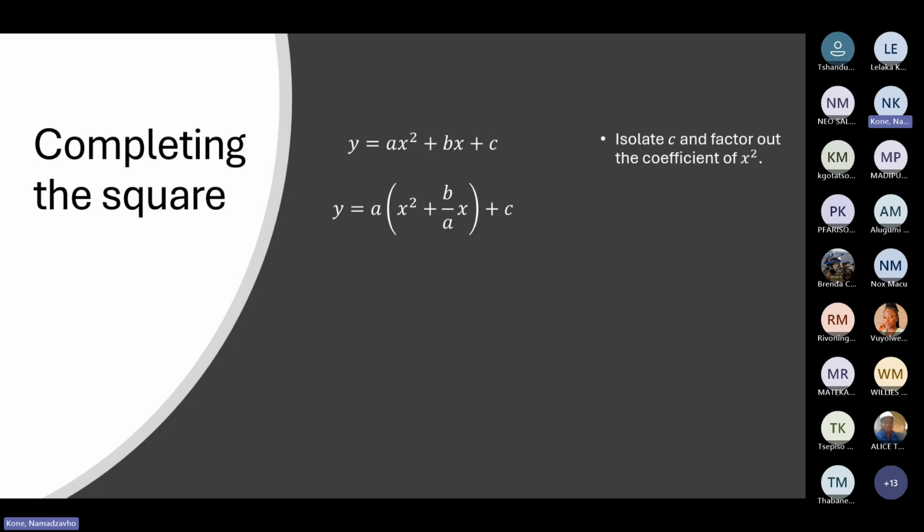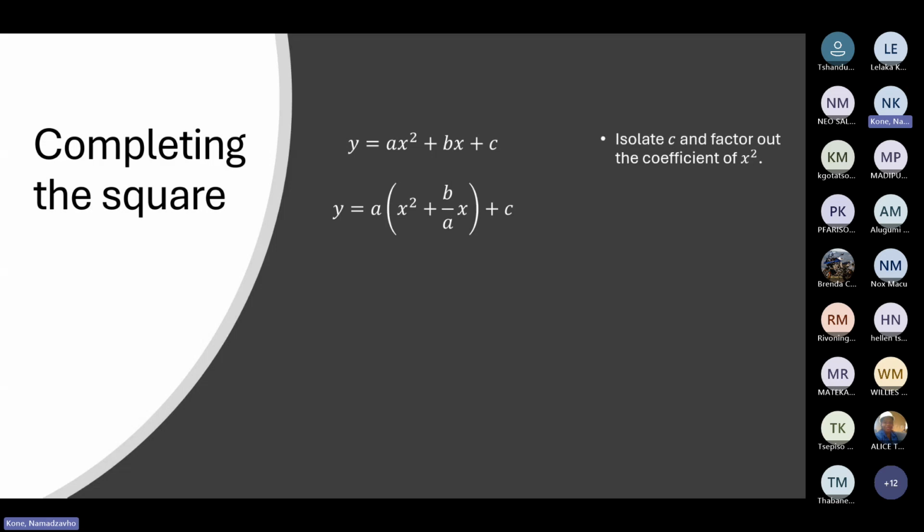I don't want you to let me pass to the next step if you have a query, because all these steps you will need to be able to do on your own when we deal with questions today. So this that we now have as a second step, if you take that a and multiply it back inside the brackets, you will get back the original expression, because a times x squared is ax squared.